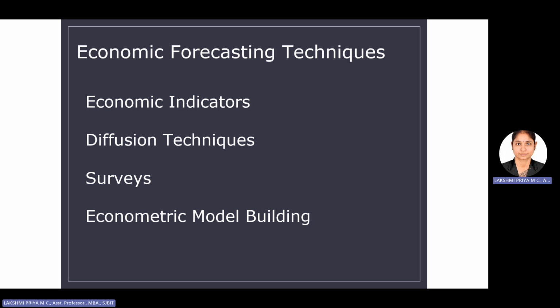For the purpose of economic analysis, an analyst should be familiar with the forecasting techniques. He should know the advantages and disadvantages of various techniques. The commonly used techniques are diffusion index, surveys, and econometric model building. These techniques help an investor to decide the right time to invest and the type of security he should purchase.